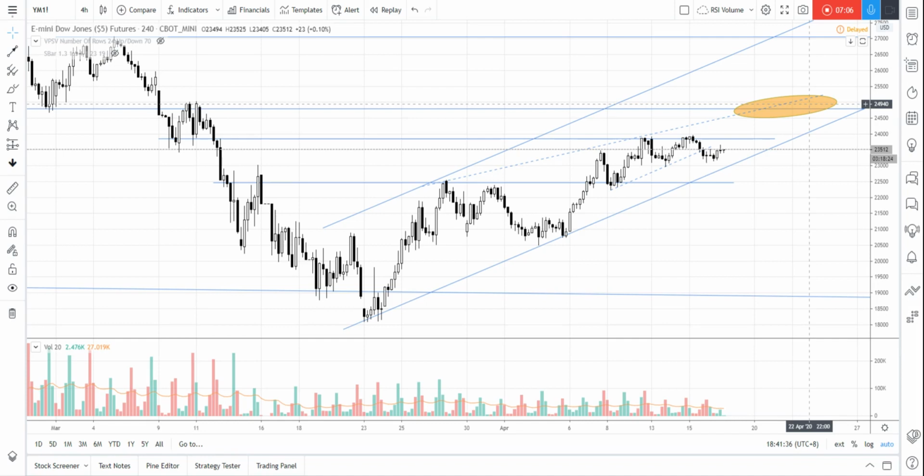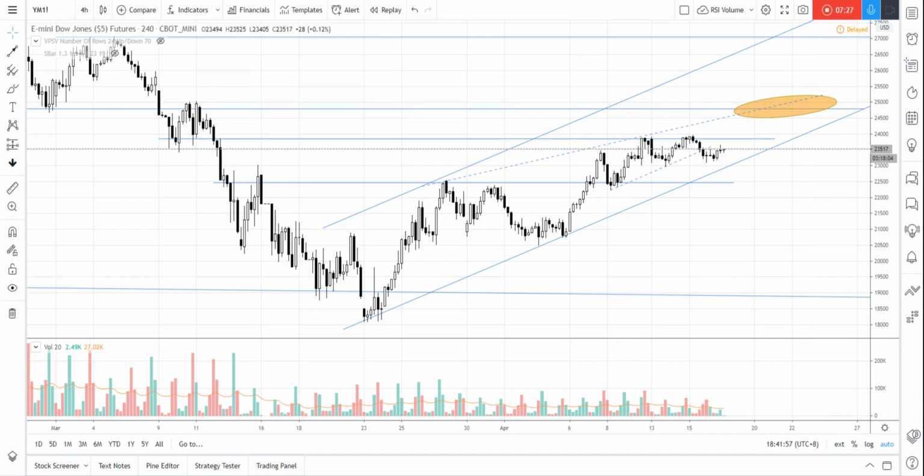COVID-19 is not getting under control, and the economies are still pretty much in lockdown mode. It has badly hurt the economies. However, as a trader, we just have to look at what the market is telling us and trade accordingly.